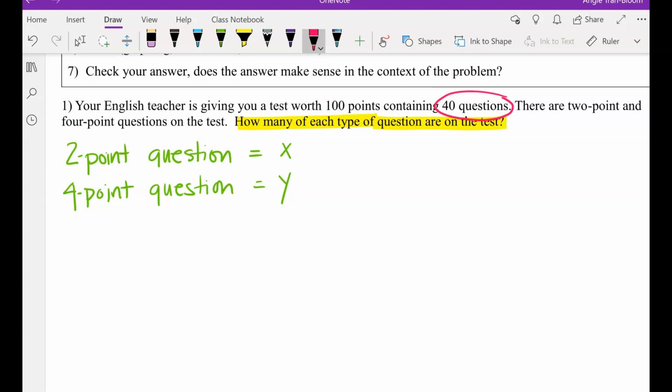Because 100 points is 2 of however many 2-point questions there are. Would you guys agree? And then 4 of however many 4-point questions there are. But we're talking about just a total of questions. So what would you have for the 40 questions? We put 2x plus 4y equals 40.